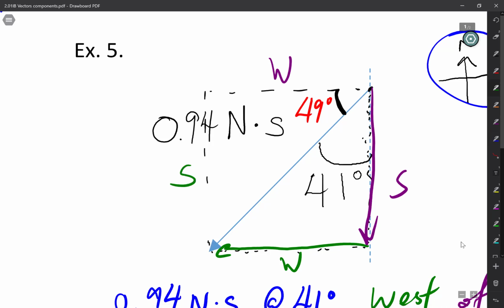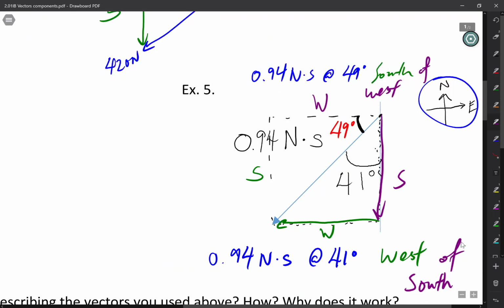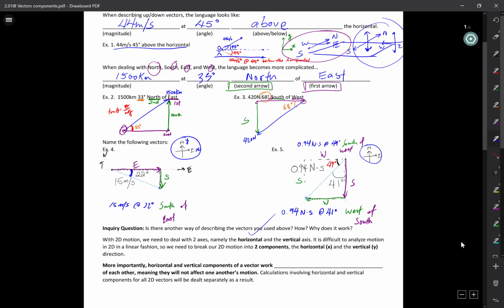So naming it, it would be 0.94 Newton second at, this time, 49 degrees, but this would be south of west. So notice as you flip the angles, using the other angle, the complementary angle, you also flip the directionality as well. Check for the inquiry question.